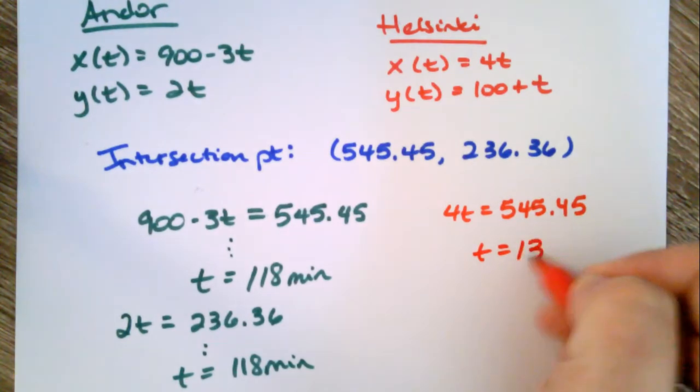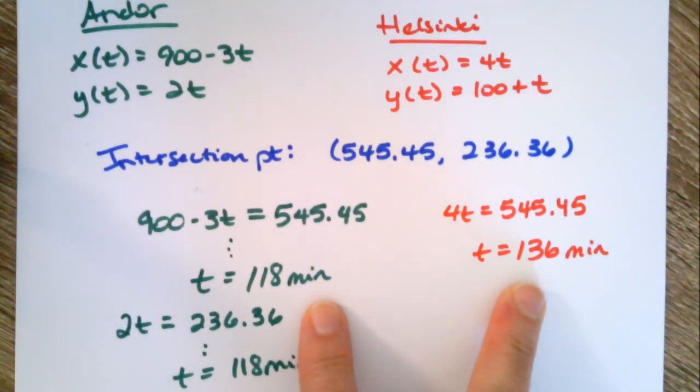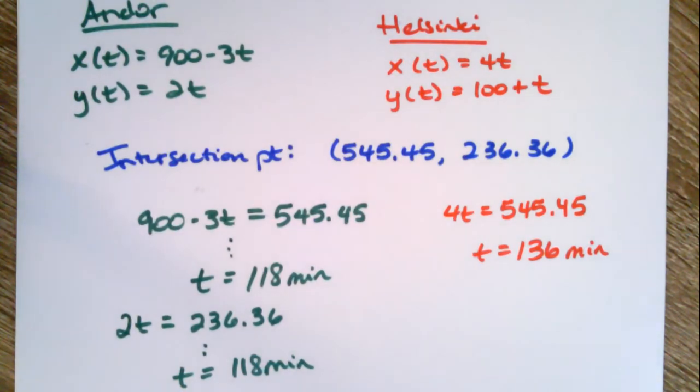We're going to get t equal to 136 minutes. Of course, we could do the same thing for the y equation and set it equal to the y coordinate. You're going to get the same answer. And so what this shows me here is that these two ships do not collide. They miss each other by about 18 minutes, which is not a lot, but certainly enough to prevent catastrophe out on the waves.